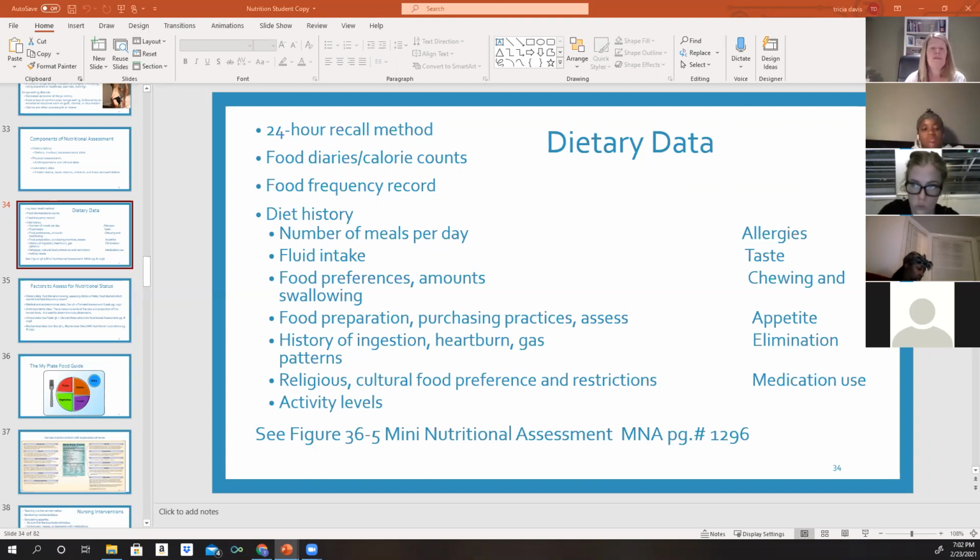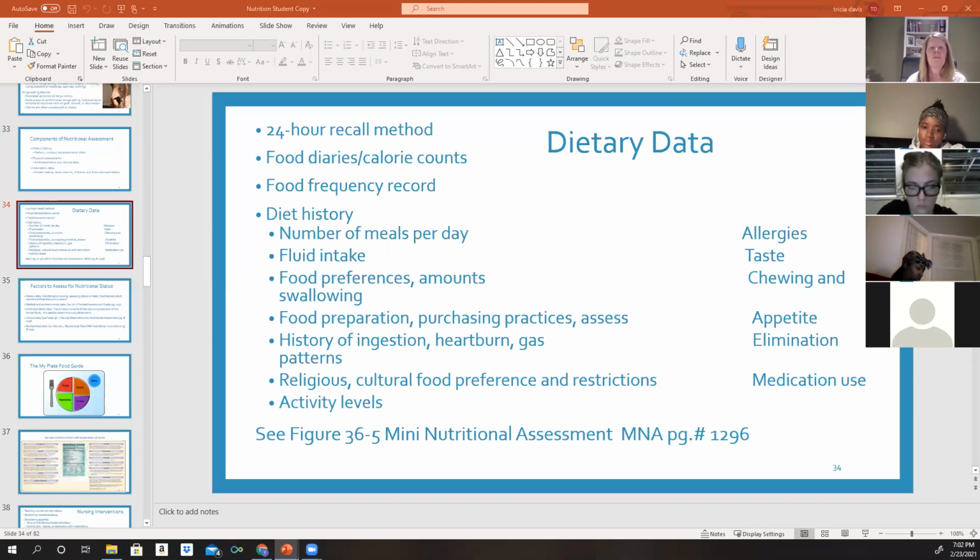We want to ask them if their current intake differs from their usual intake. So if they are smaller now or thinner now than they were, or they weigh less, what's that from? Did they have intentional weight loss? Have they been trying to have a healthy lifestyle? Are they exercising? Find out who they usually eat meals with. Do they eat by themselves? Are they lonely? Do they live by themselves and they don't have anyone to eat with?